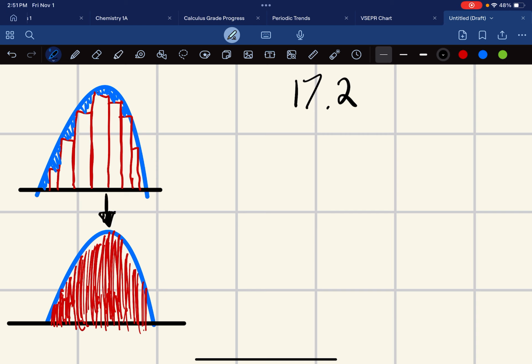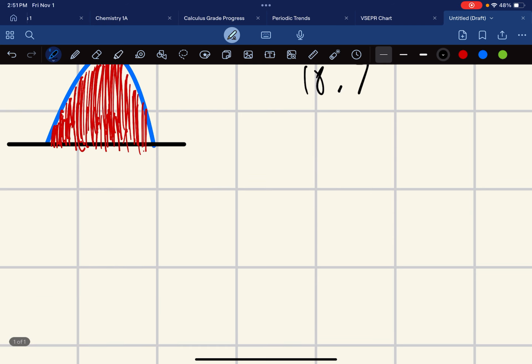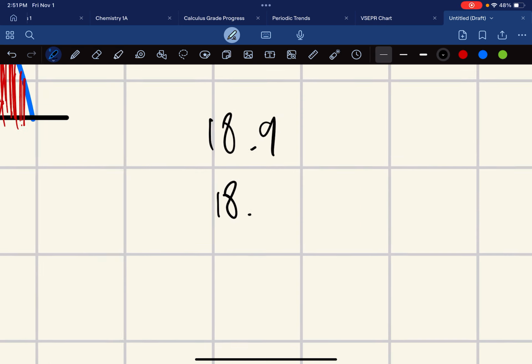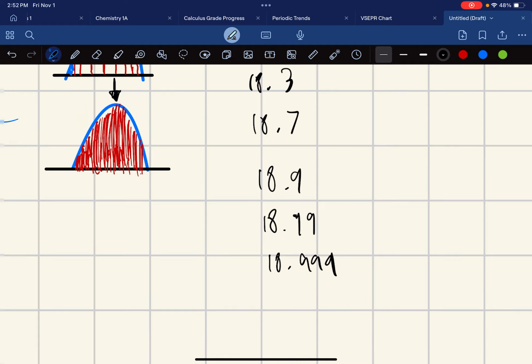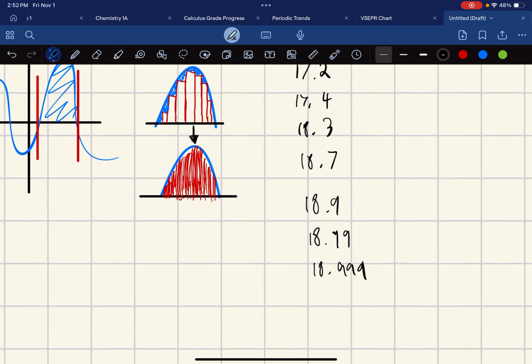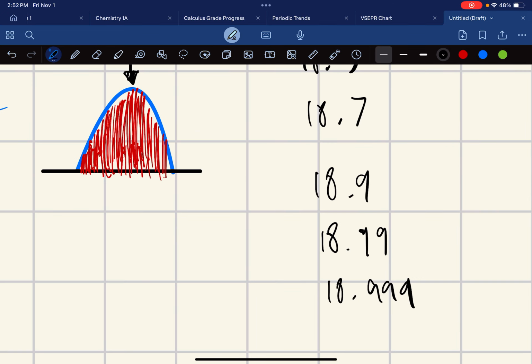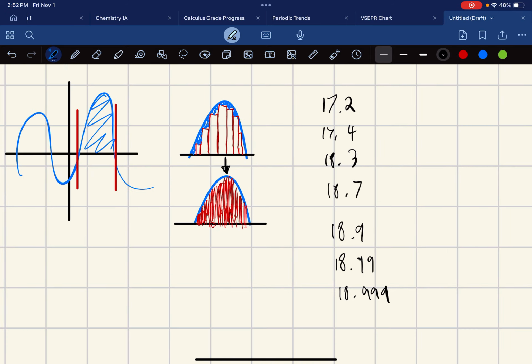And our answers will go from 17.2 to like 17.4 to 18.3 to 18.7 to 18.9. And then, like our derivatives earlier, it's going to start to plateau. It'll be 18.99, 18.999. Our approximation of our integral is going to approach a certain number and not get past. And when that happens, we get to say that our area, our integral, is the number that is being approached. That is what integrals are.